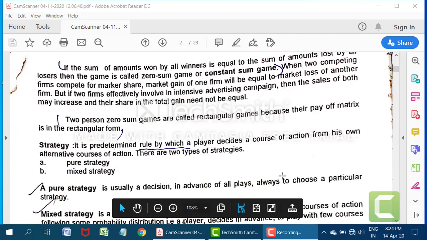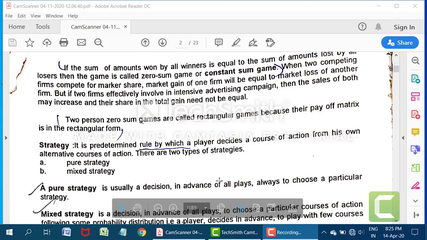Pure strategy means from all the available courses of action, from all the available strategies, a player can choose one strategy as the best strategy. It is possible by solving the game theory model. If a pure strategy is available, that can be known by solving the model. Among all the alternative strategies, there is only one best strategy for each player.